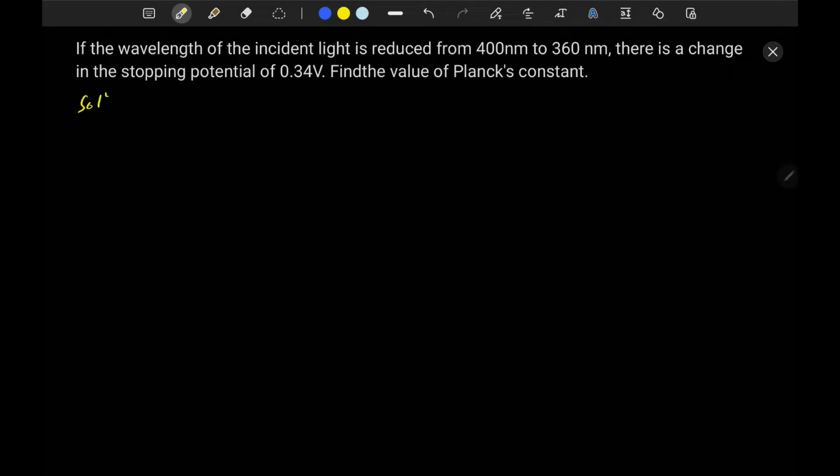So here, for the first wavelength, the incident light was lambda 1 equal to 400 nanometer, which is 400 × 10^-9 meter. We consider that the stopping potential for this incident wavelength is V1.